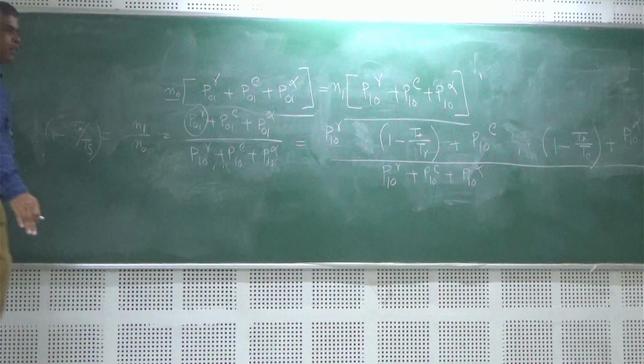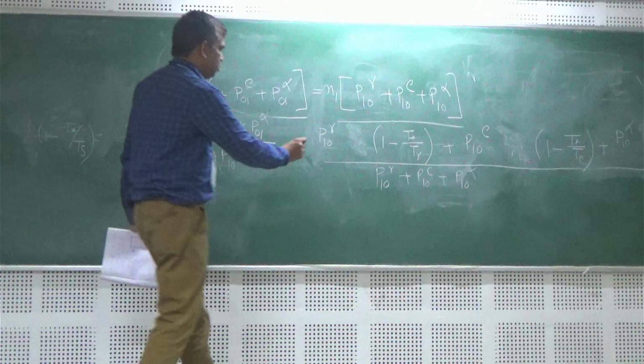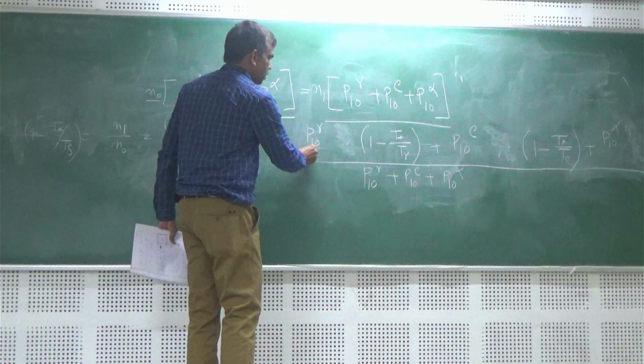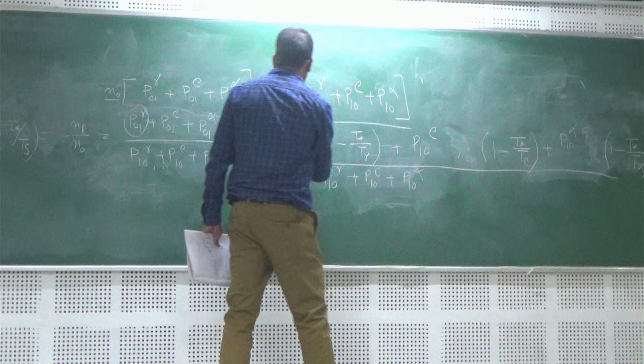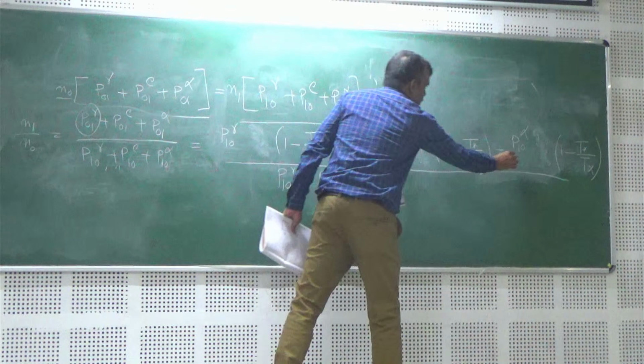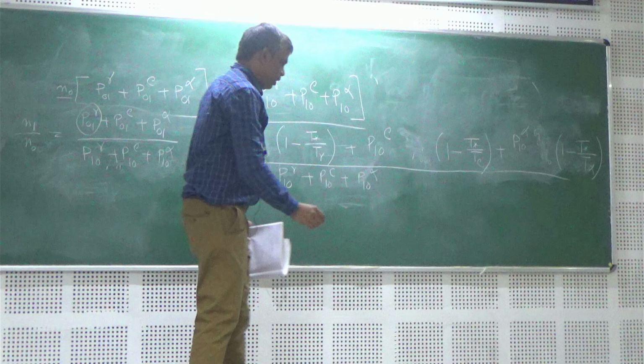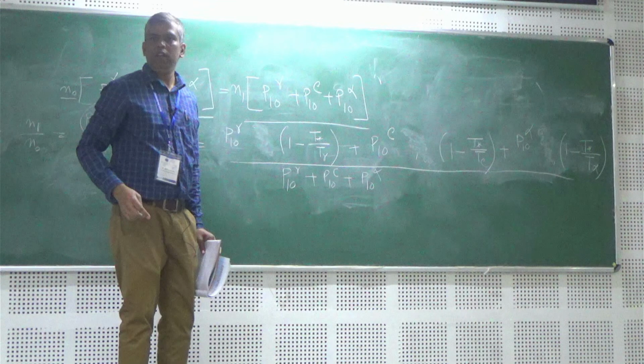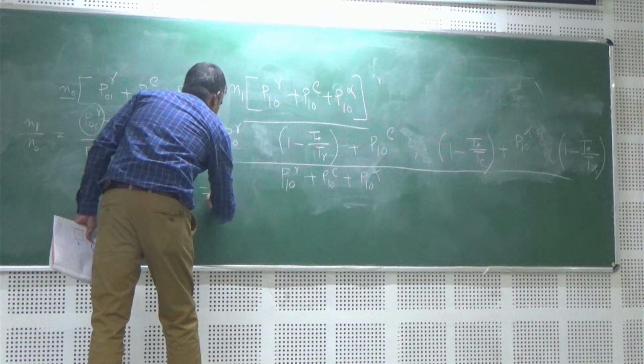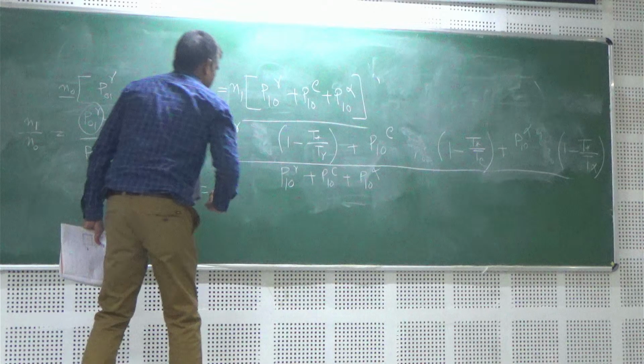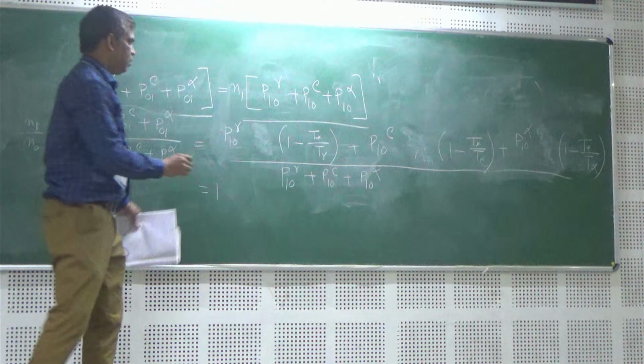And we also have this P10 here, P10 gamma, P10 C, and P10 alpha, and we also have a similar term in the denominator, so we can write the ratio of this term and that term.